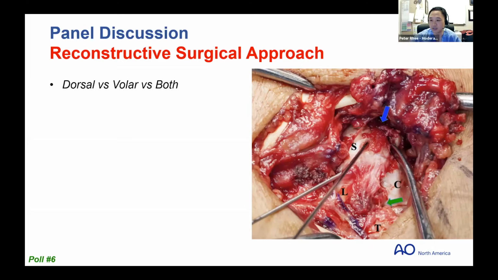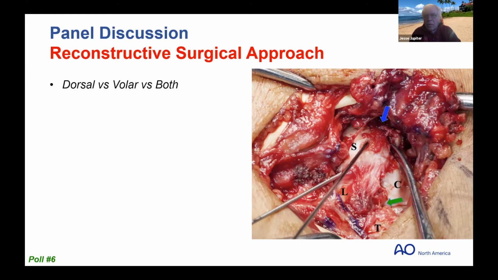Got it. Peter, if I might add, one thing that wasn't on the choices is an arthroscopic approach. There's a large advantage. It helps you debride the joint, wash it out, and you can fix the scaphoid percutaneously.